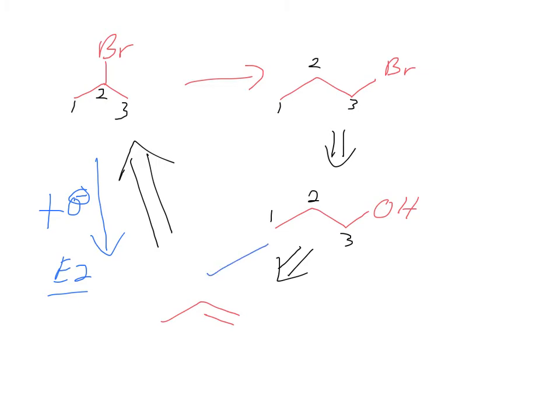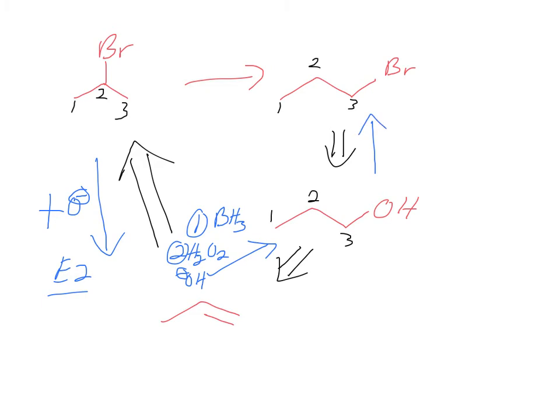Now, if I want to make the anti-Markovnikov alcohol, what would I do? The BH3 first, and then the H2O2, OH minus. That gets us the anti-Markovnikov alcohol. Now there's a couple ways to do the second part, and they're probably going to let you do all those ways.